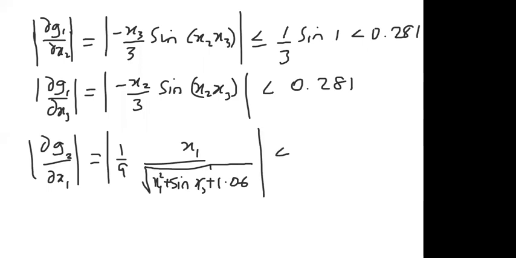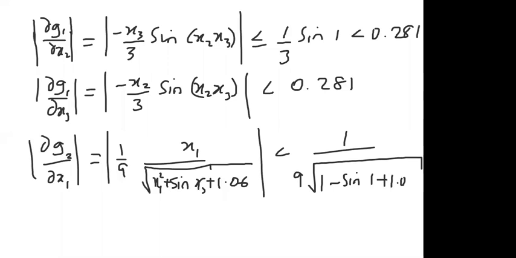So doing that will give me 1 over 9 times the square root over 1. So x1 can be -1 or 1. Then here I'm going to have minus sine 1 plus 1.06. So if we simplify this, it should give us 0.1006.